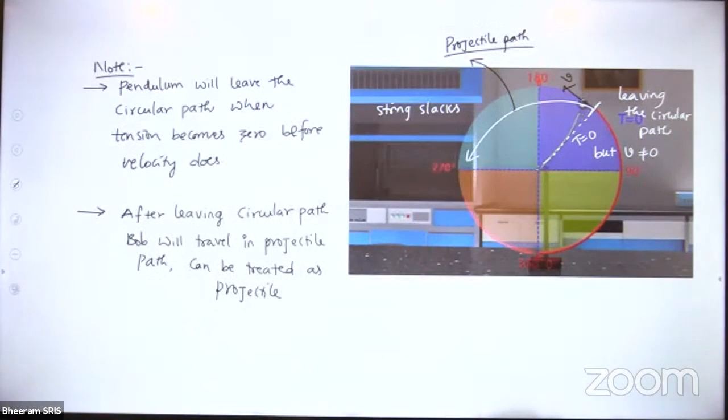Nice. So tell me at which position of the vertical circle there is more chance for breaking. Lokesh Reddy, think about at which position breaking of the string can happen.